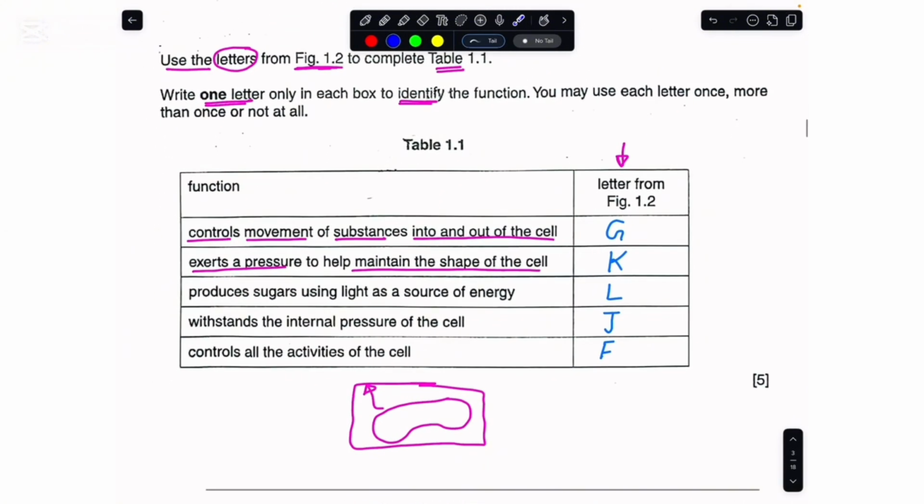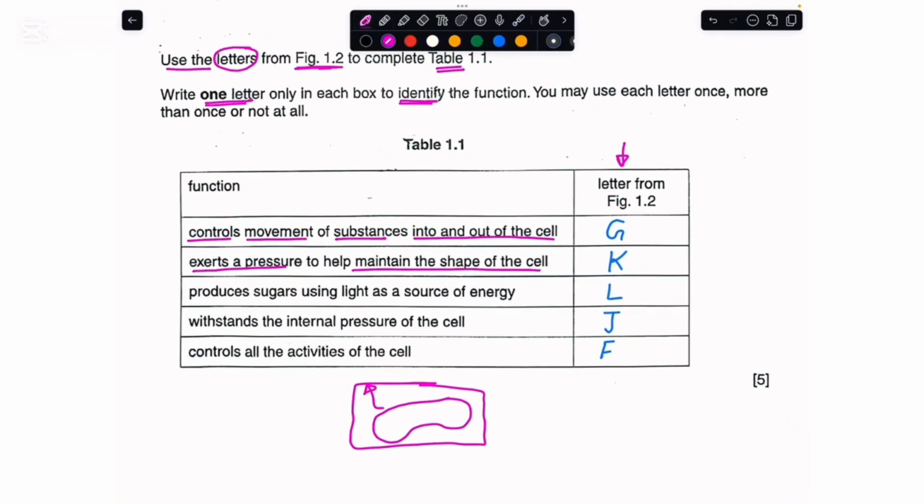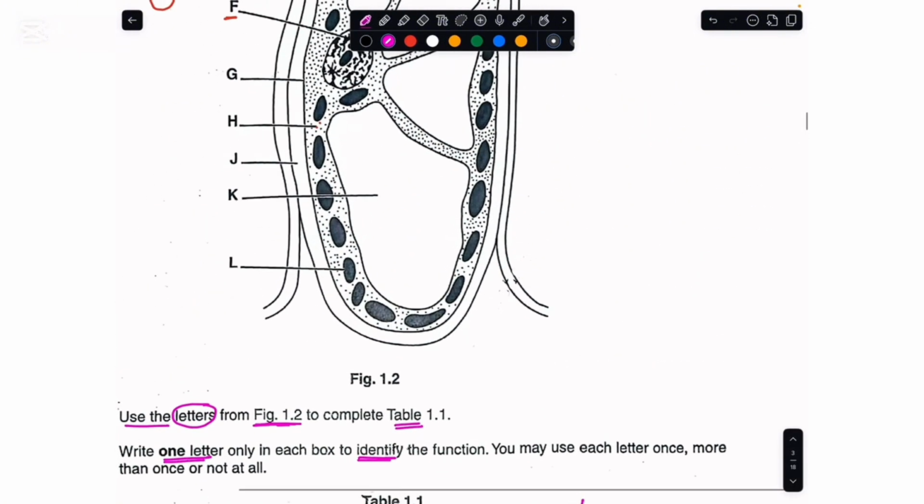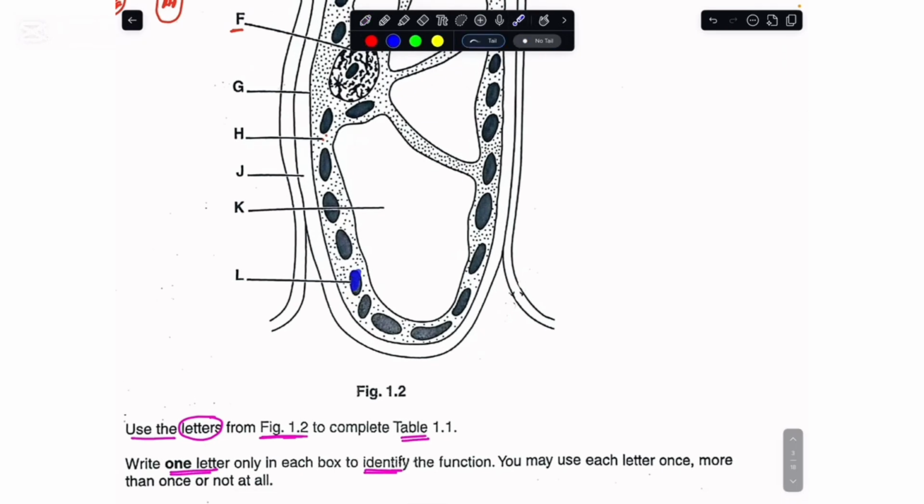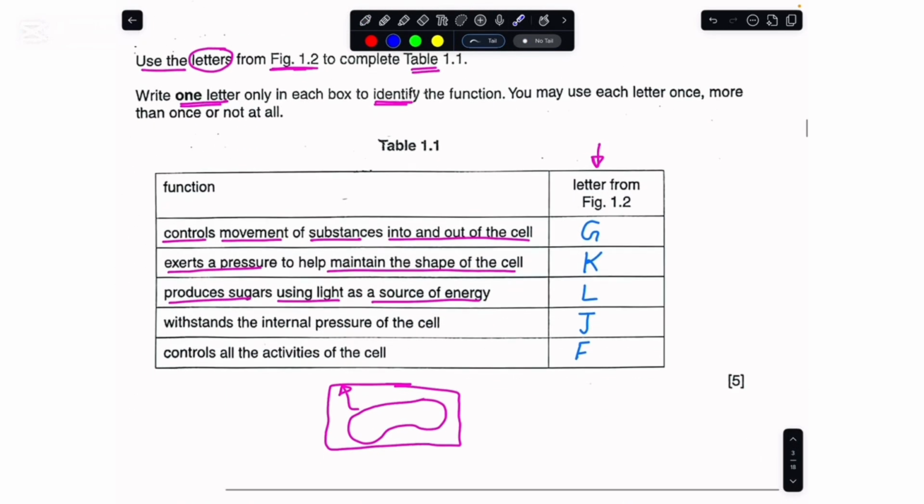The thing doesn't end here. They ask which produces sugar using light as a source of energy. What we know is that the production of sugar like glucose happens within the chloroplast. So the letter L that we are given over here is the chloroplast with us.